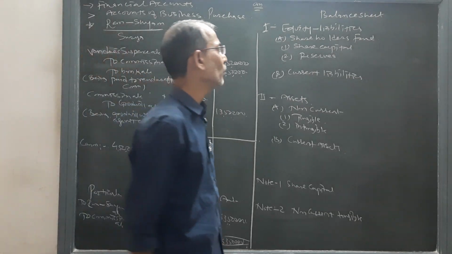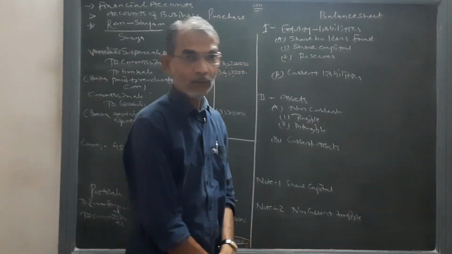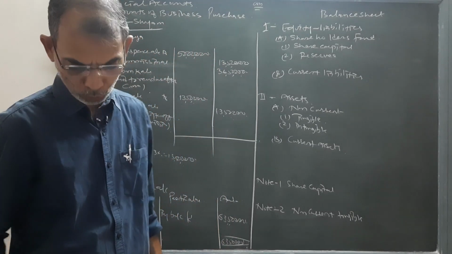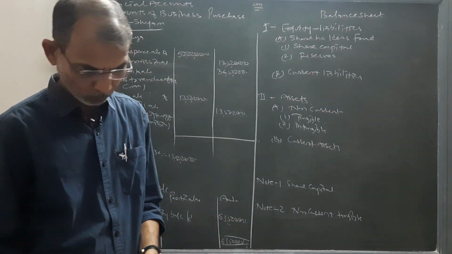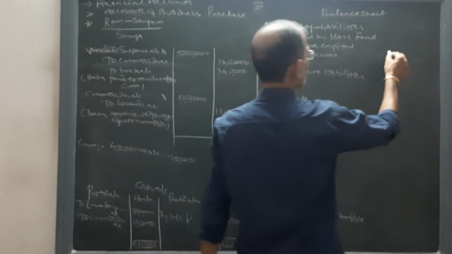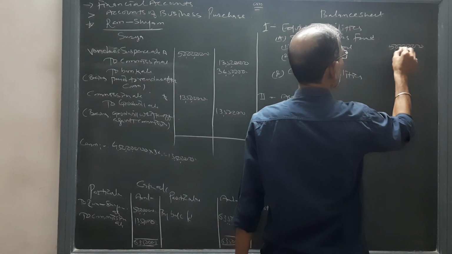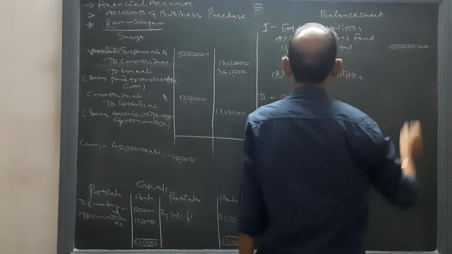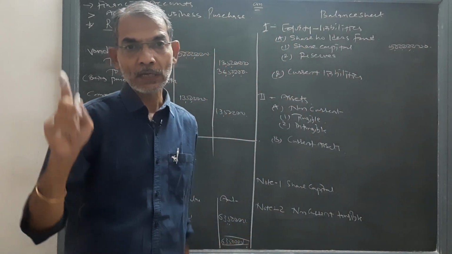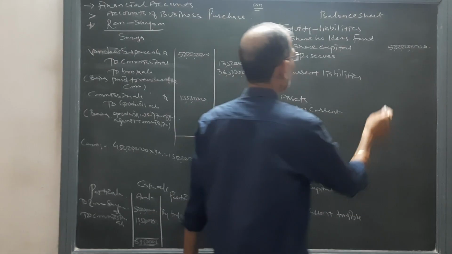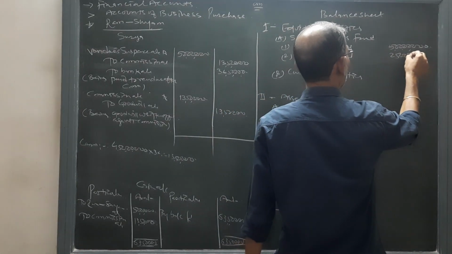Now, if we come to balance sheet, share capital will be which was issued to 5 crore. Under reserve and surplus is 2 crore 50 lakh securities premium.